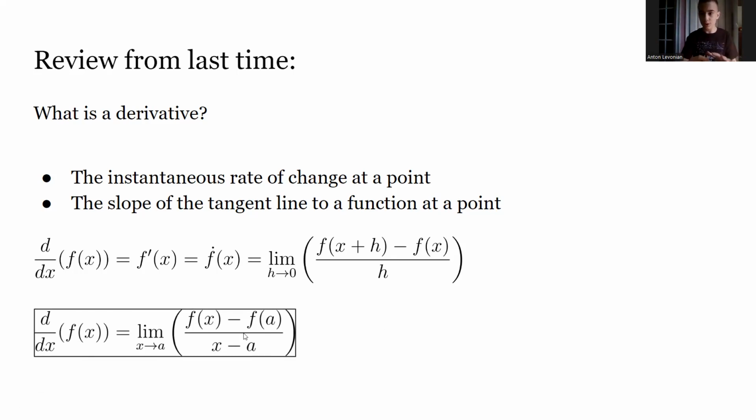Here, the 2 points that are infinitely close to each other are x comma f of x and a comma f of a for some number a. And this right here gives the derivative of a function. This is an alternative definition. We could replace this letter a with h, but this is how it's most commonly written, with an a instead of an h. I don't know why, but that's just how it is.